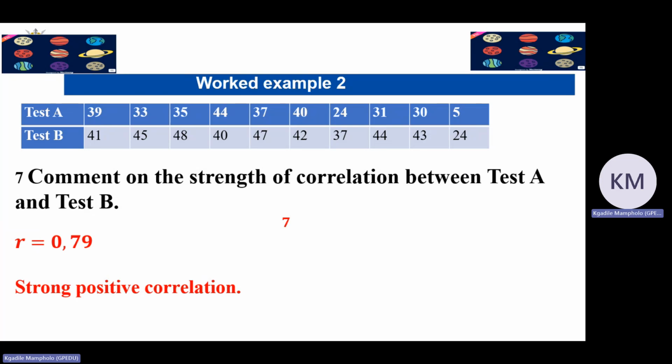Comment on the strength of correlation between test A and test B. I told you that when you calculate A and B, you must also calculate R and put it somewhere.